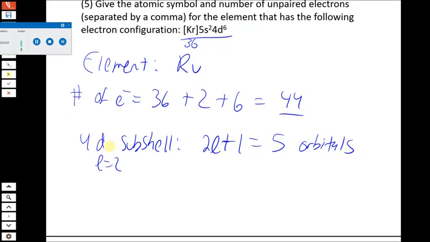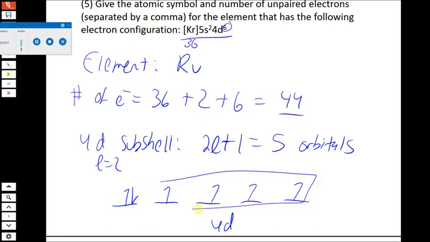So in 4d we have 1, 2, 3, 4, 5 orbitals, and we're going to fill those with 6 electrons as this configuration tells us. So we're going to fill them one at a time first, 1, 2, 3, 4, 5. That's how we follow Hund's rule, and then the 6th one has to pair up. So in terms of number of unpaired electrons, it's going to be 4. So we have 4 electrons that are unpaired in this configuration.